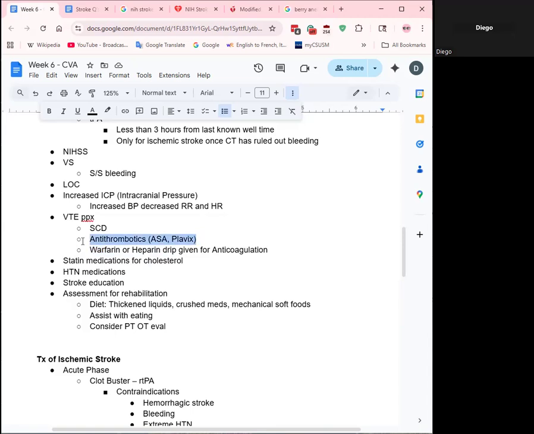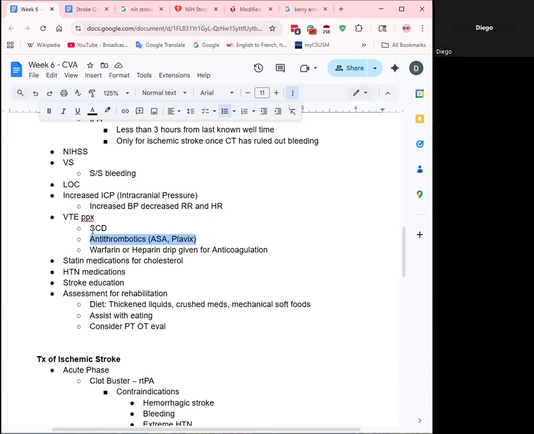And then the antiplatelets are going to be effective in prevention of MI and stroke. So your aspirin and then your clopidogrel, which is the Plavix. There is a difference between the antiplatelets and the anticoagulants.